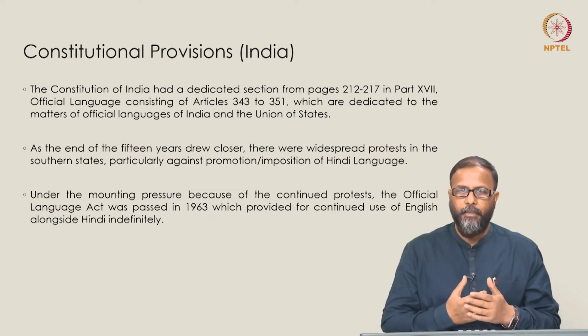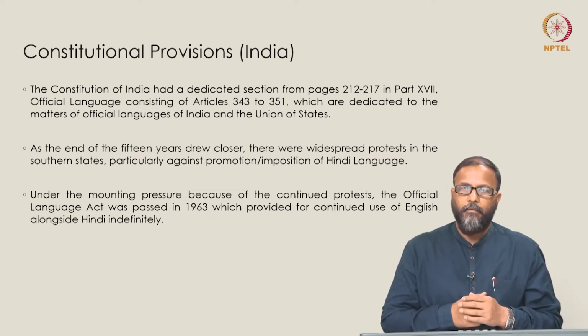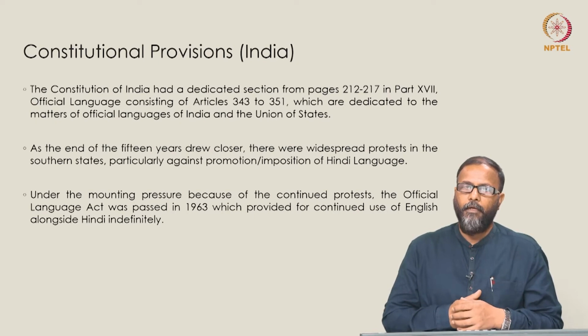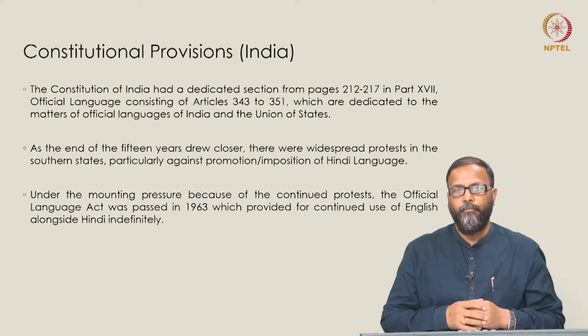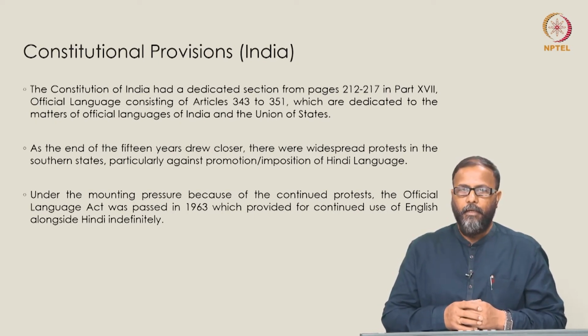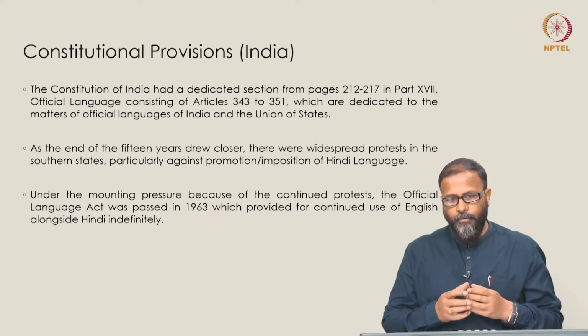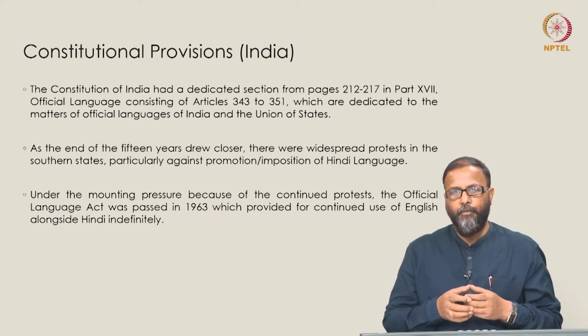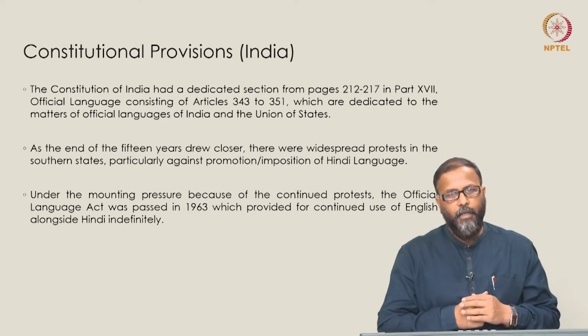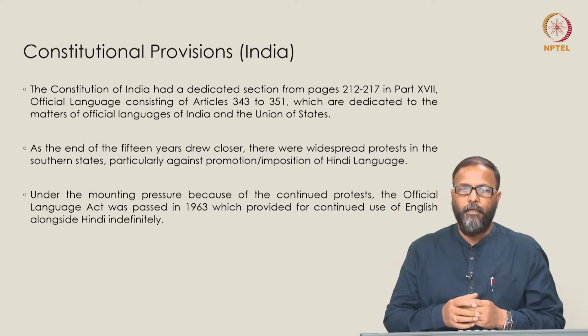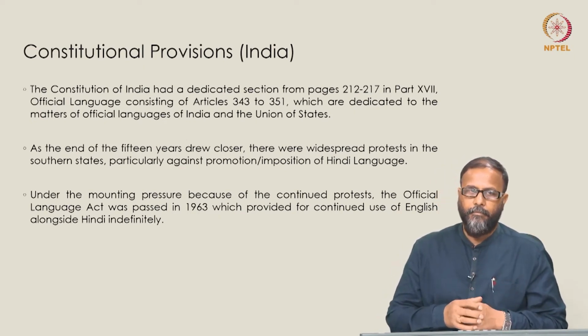and the protest was so widespread that the government of India had to convene a special session of the parliament, and in 1963, under the mounting pressure from this continued protest, the Official Language Act was passed and enacted.